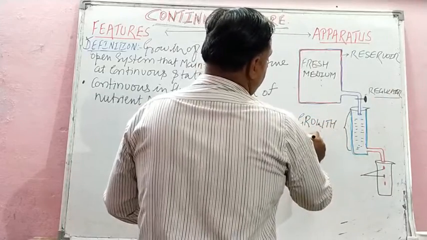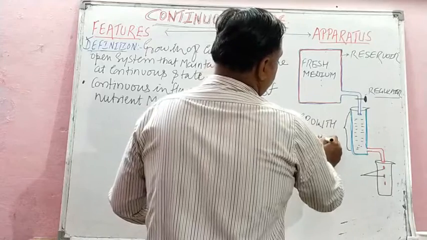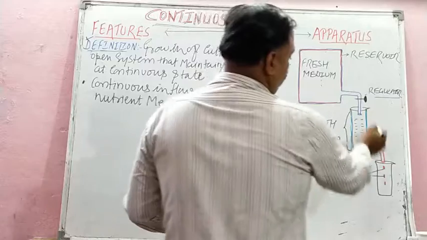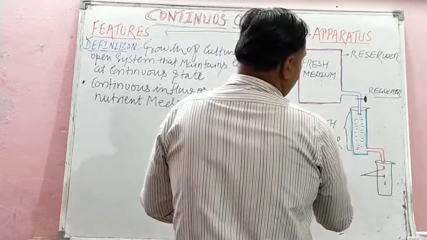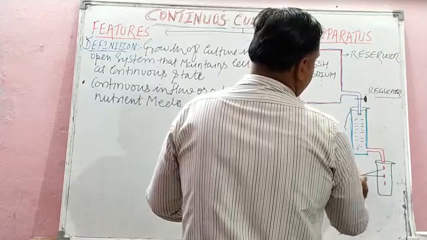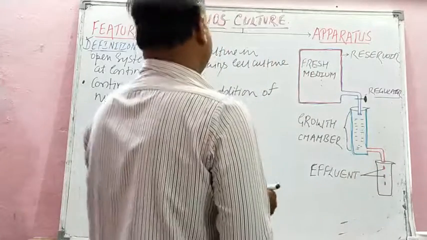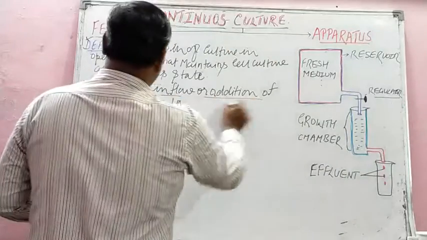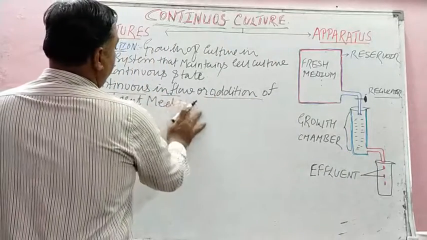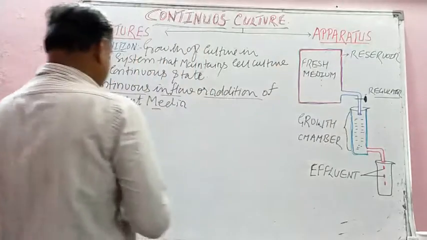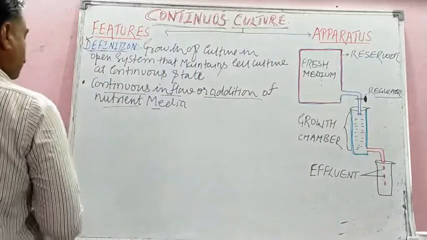The cells. The culture grows here. And here is the effluent. Effluent means the waste, and cell mass also you can say. So the second point is continuous inflow or addition of nutrient media, isn't it?